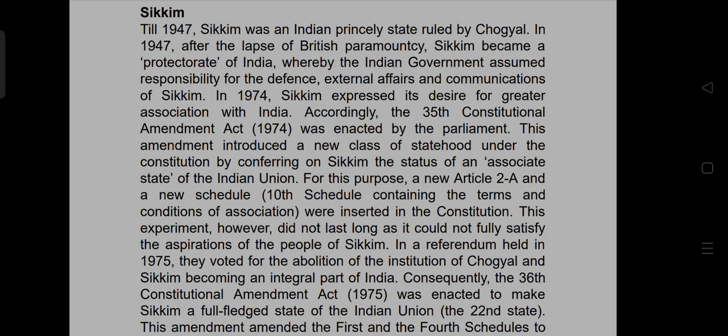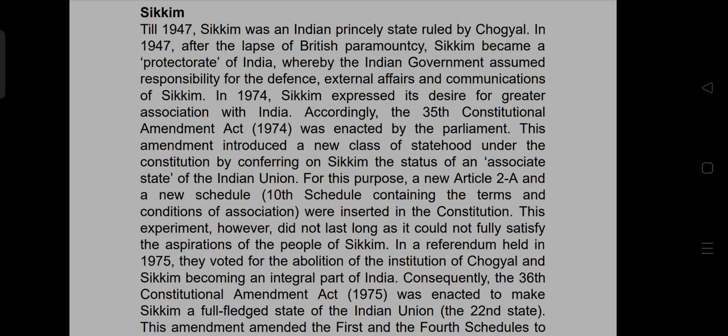This experiment, however, did not last long, as it could not fully satisfy the aspiration of the people of Sikkim. In a referendum held in 1975, they voted for the abolition of the institution of Chogyal and Sikkim becoming an integral part of India. Consequently, the 36th Constitutional Amendment Act, 1975 was enacted to make Sikkim a full-fledged state, one state of the Indian Union, and the 22nd state.